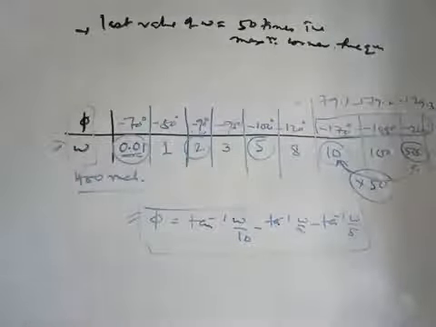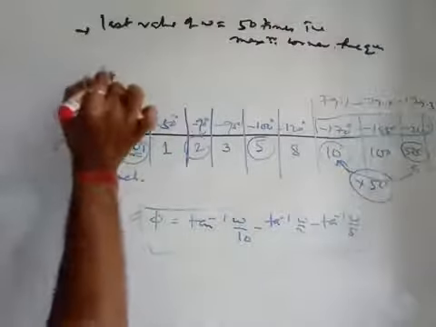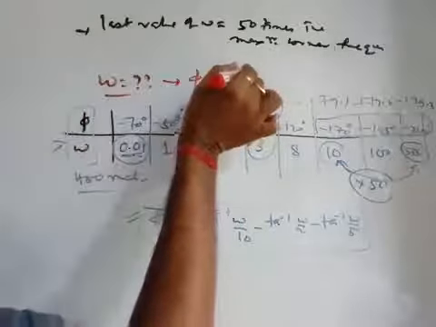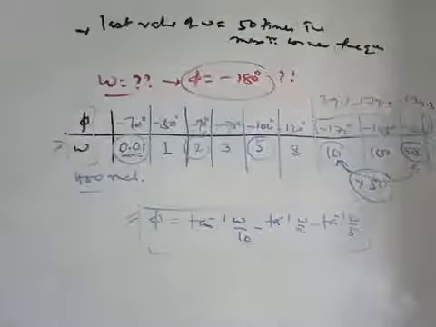So crossing of the minus 180 degree line is very important. Whether any omega is possible for which phi is equal to minus 180 degree. That is the very important issue.